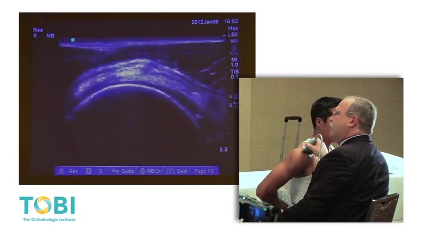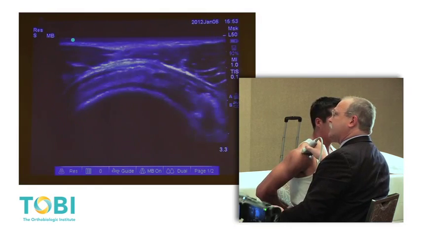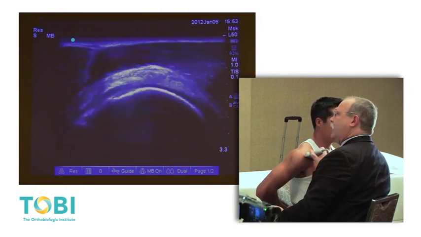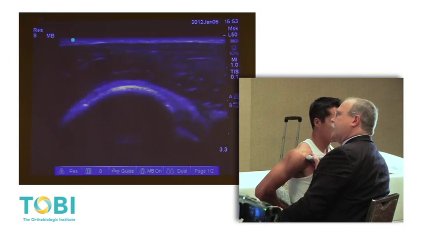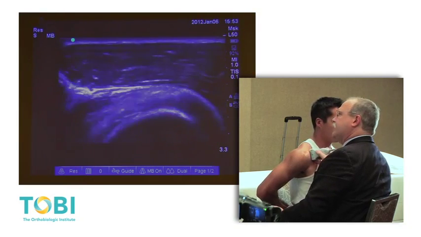After I've looked from proximal, coracoid there, proximal, and I've scanned all the way out through the distal portion of the rotator cuff, now I'm going to turn the transducer 90 degrees.